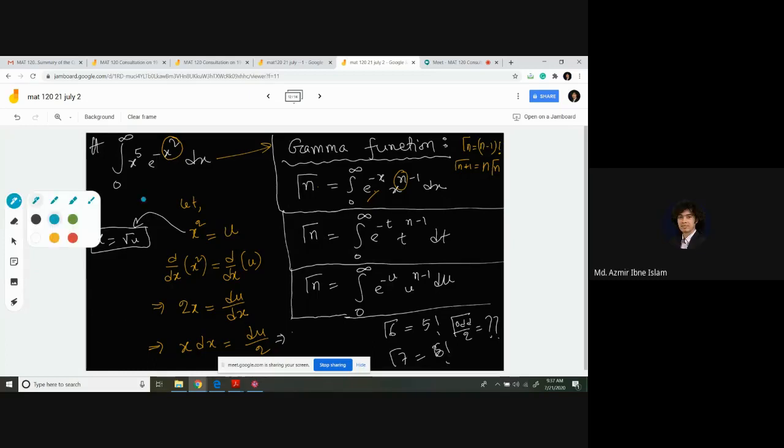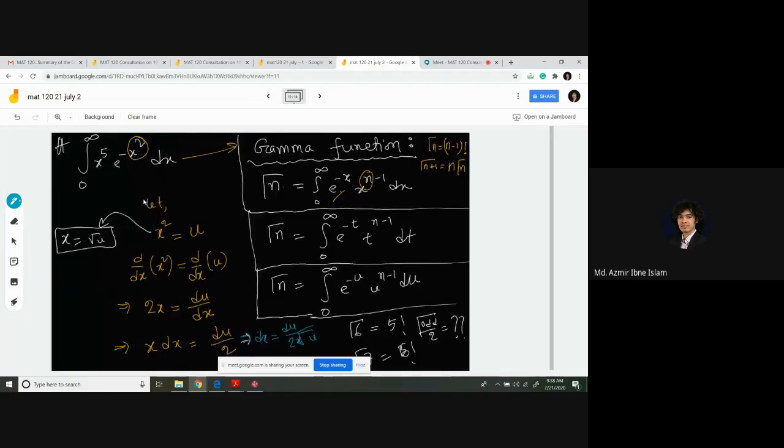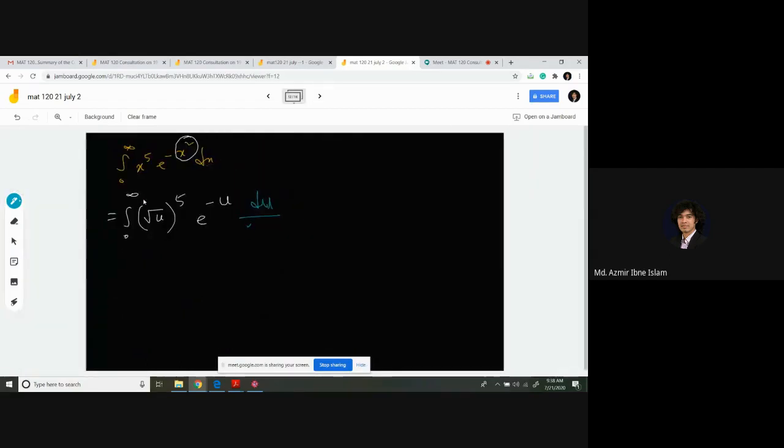We have to figure this out first. dx is equal to du by 2x. Clear? So for x, what have you written? Root u. Clear? Yes, sir. So du over 2 root over u. That means where we have x, we are converting that x to u. Do you understand? Yes, sir.